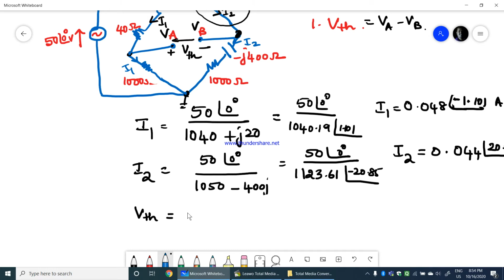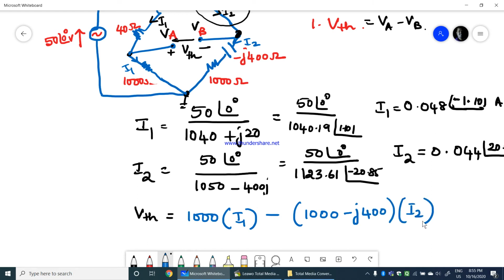Therefore, it is 1000 into I1 minus (1000 minus J400) into I2. This is the equation that we get.